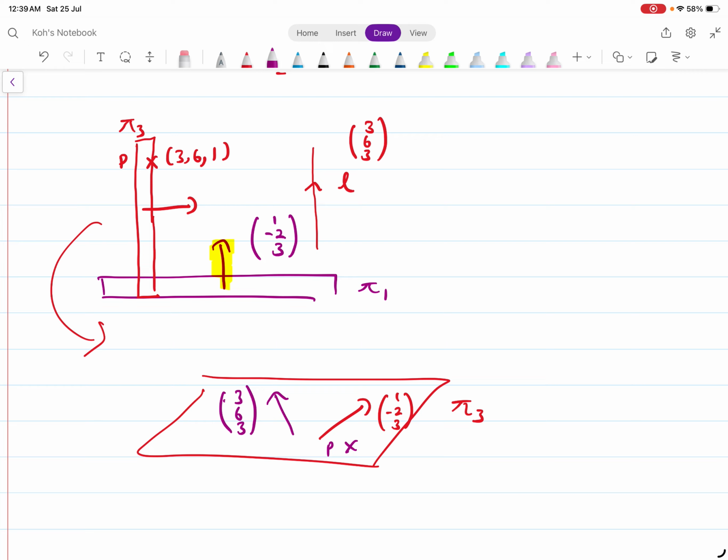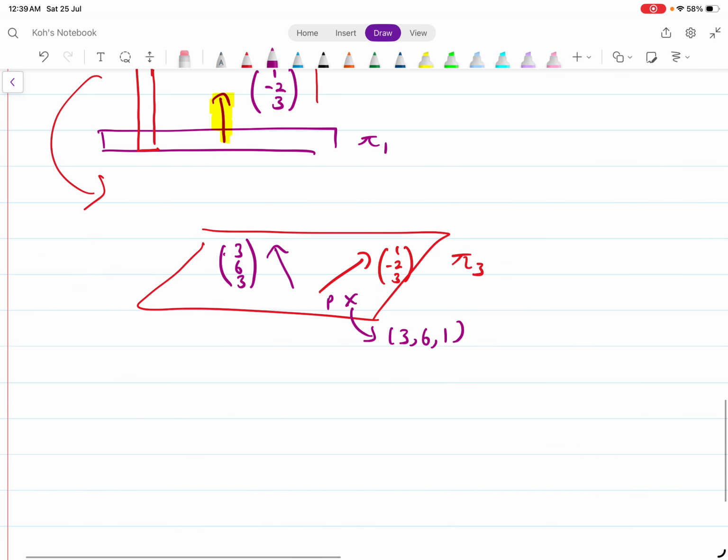Always remember, for a plane, one position vector and two direction vectors will give you the equation. Point P is (3, 6, 1). Based on this, let's do the Cartesian equation, but before that, you must do the vector form first.